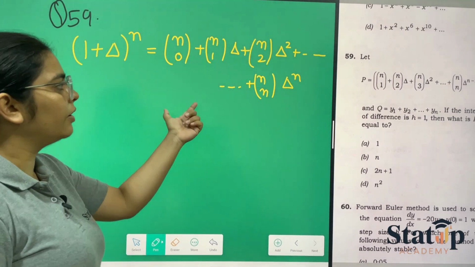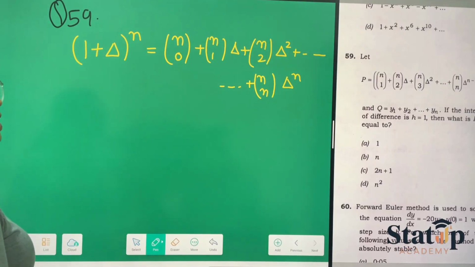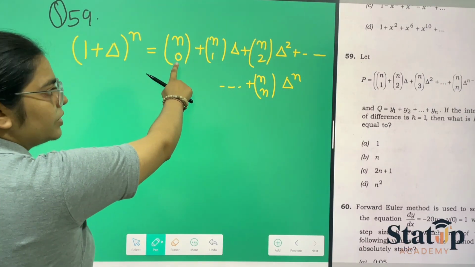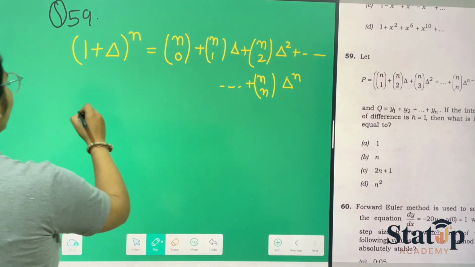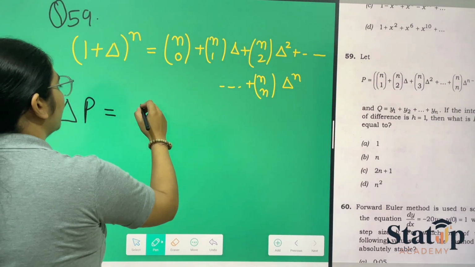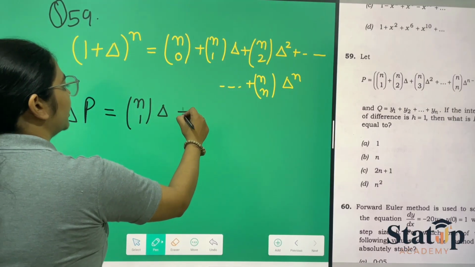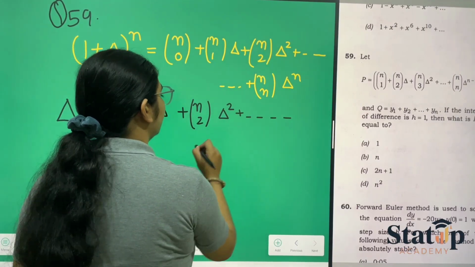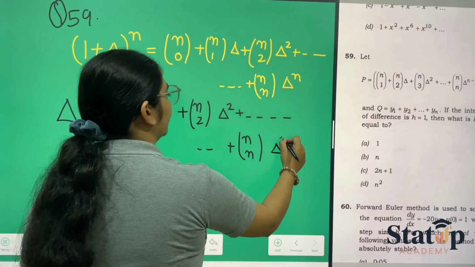Now if we see here and compare it with P, as you can see on the screen and the question paper, the only difference in P is that nC0 is missing and one of the delta powers is missing. So if we multiply delta with P, then we will be getting nC1 delta plus nC2 delta square and so on till nCn delta raised to the power n.